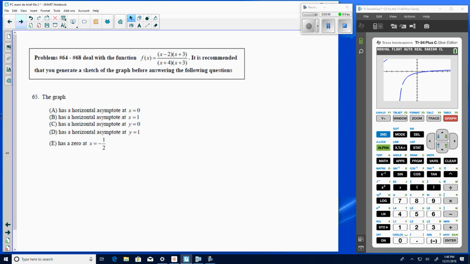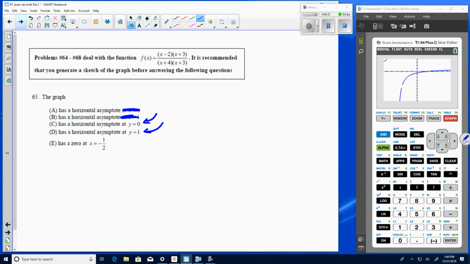Okay, the graph has a horizontal asymptote at various levels. Okay, so horizontal asymptote at x is 0. Well, that's not even a horizontal line, so let's cross that off. That's a vertical line, and that's a vertical line. So the question is, do we have a horizontal asymptote at y is 0 or y is equal to 1?